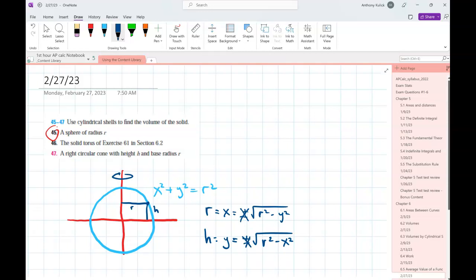Now, what problem are you noticing we're running into right away here? Yeah, I have two different variables going on here, right? So what variable should I be integrating with respect to?